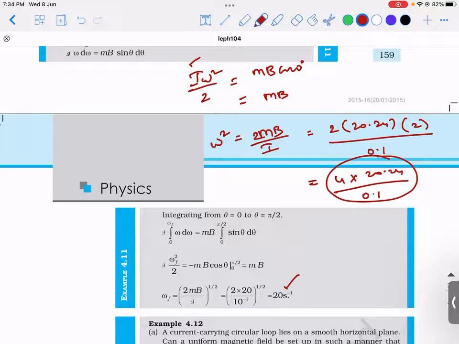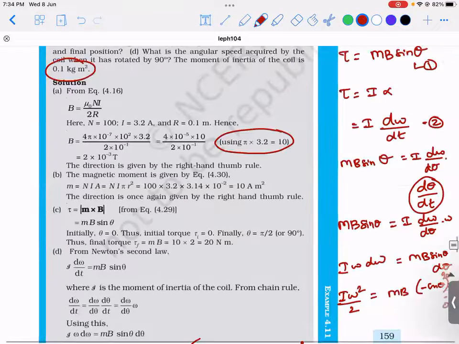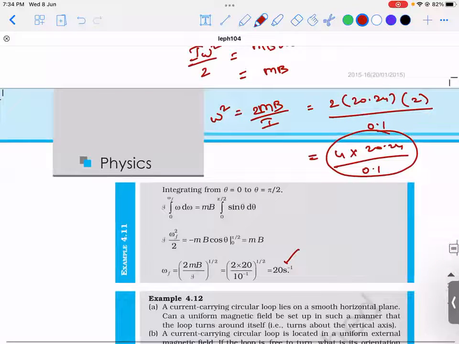But I think they did a wrong calculation because 2 into what is m into B? M itself is 20, correct? M is 10 only. Then they did it right. 2 into 20 divided by 10 power minus 1.